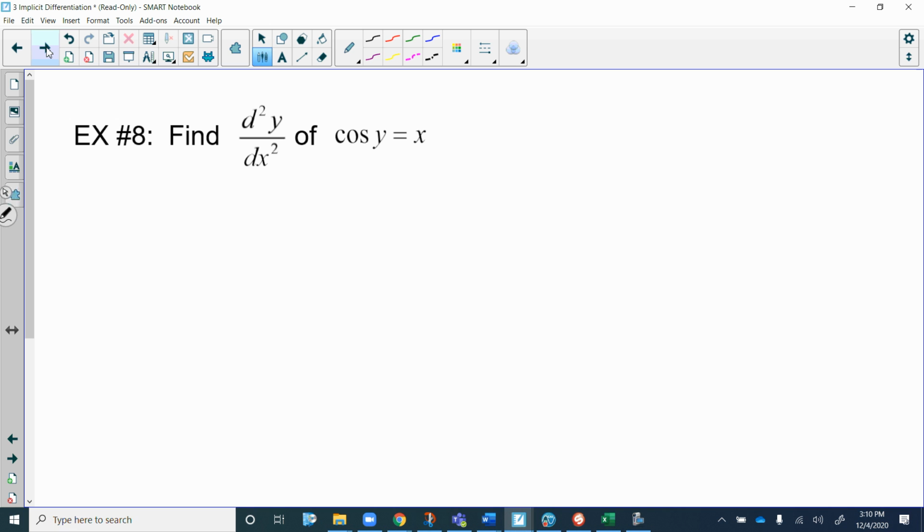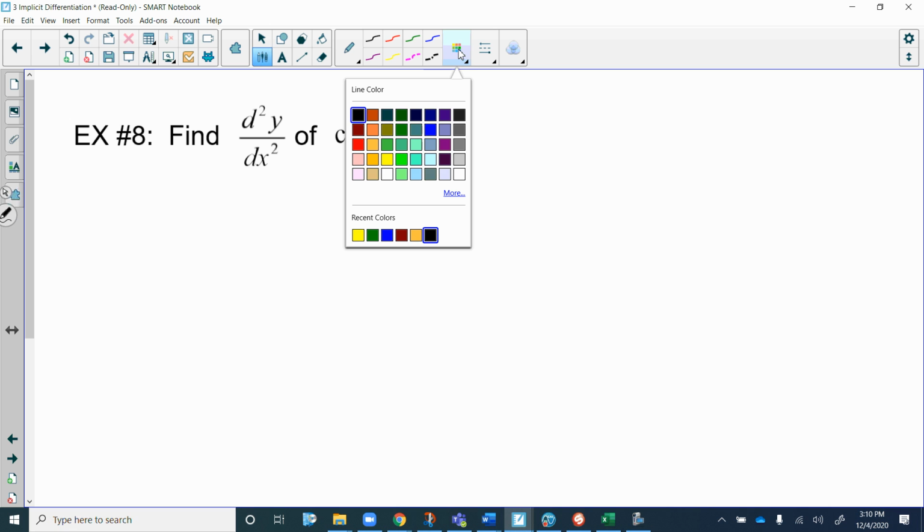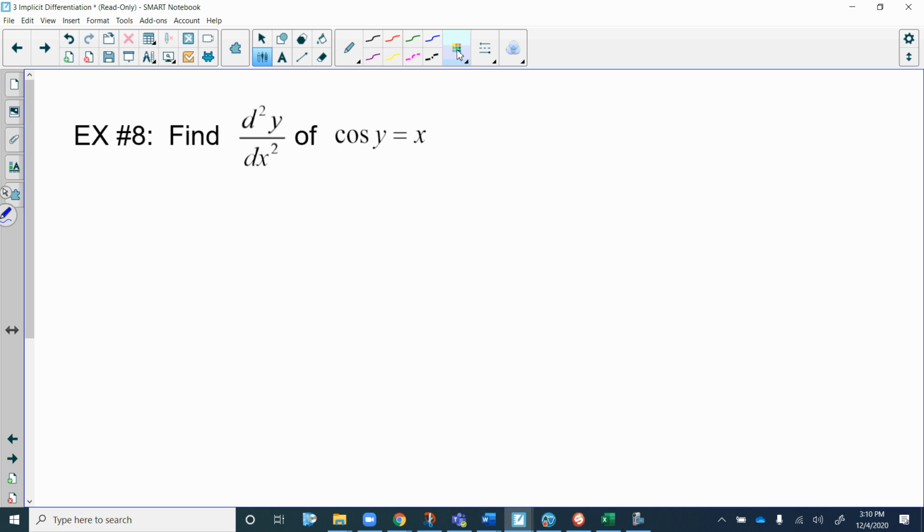So here, find the second derivative of the given function, cosine of y is equal to x. Well, the first derivative is going to be pretty okay, I think, if you've been following along with what we've been doing so far. So let's say the first derivative in blue.